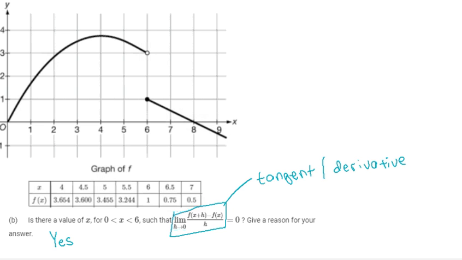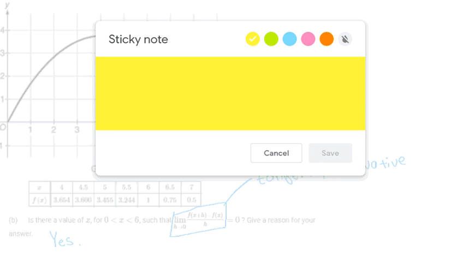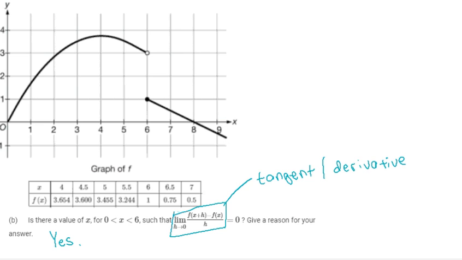So what we want to say is we were given, I'll do it this way. I want to do a stick now. Let's do text.